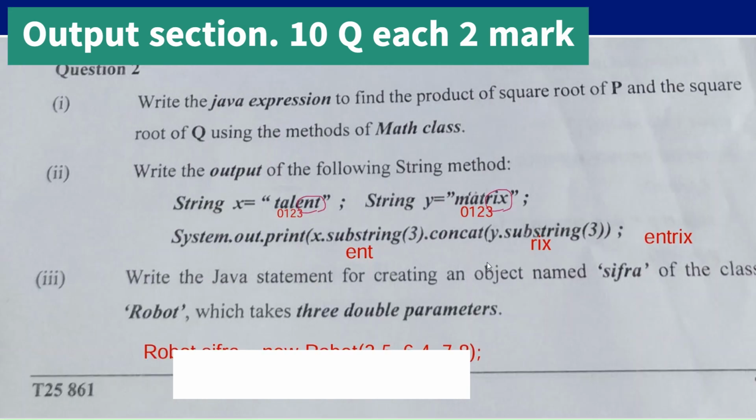In this question, x.substring(3) extracts the substring starting from index 3 to the last index of talent, giving "ent". Similarly, y.substring(3) extracts the substring from index 3 to the last index of matrix, giving "rix". Concatenating both results gives "entrix". Output, entrix.